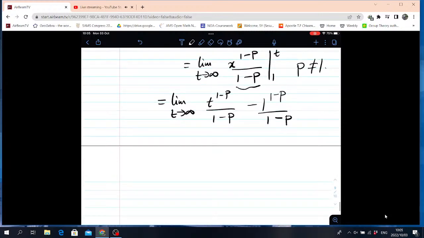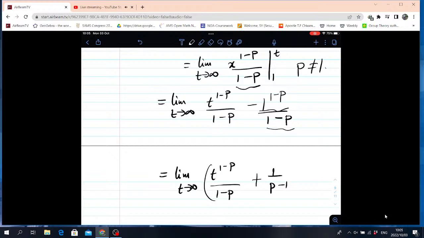Like that. And then this is going to be the limit as t tends to infinity of t to the 1 minus p over 1 minus p plus, if you look at the numerator there, it's just 1. And you can rewrite this as p minus 1. If you take out a minus on the bottom and then you reconcile with that minus, you get a positive there.